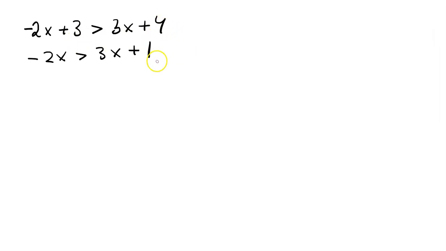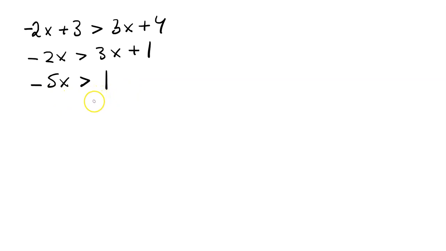Then we have 4 minus 3, 1 here. Now, just for argument's sake, move over 3x to that side, or we subtract 3x on both sides. That will give us minus 5x on that side and 1 on that side. So we have subtracted 3x on both sides. That is allowed to give us equivalent inequalities.